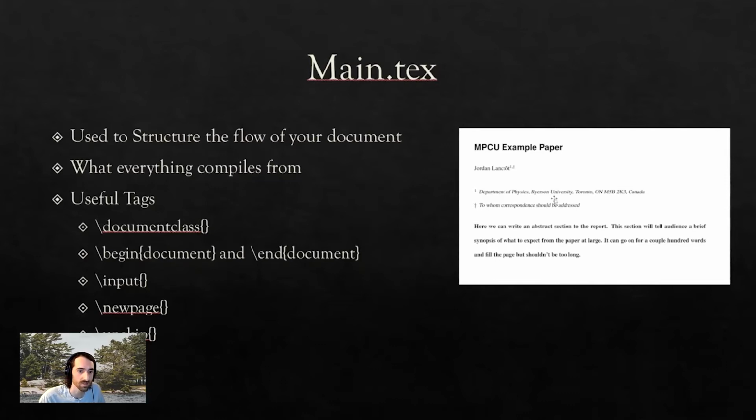Some of the useful things we're going to be exploring are the document class, which is for loading the .cls file I just spoke of, beginning tags and end tags for the document, inputs, which allow you to pull in sections I will be showing, and the new page command.